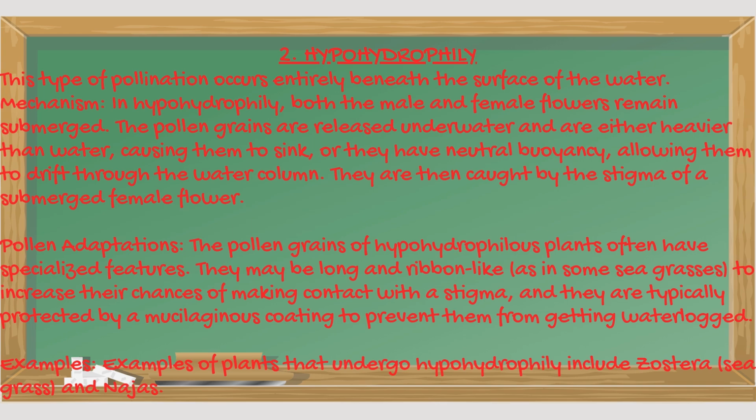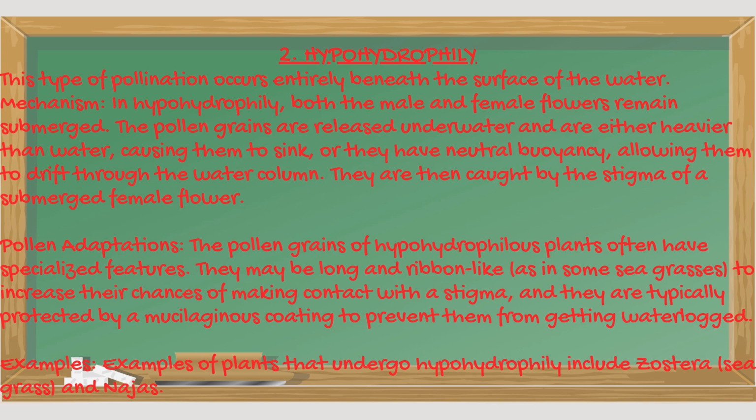The pollen grains are released underwater and are either heavier than water, causing them to sink, or they are neutral in nature, allowing them to drift through the water column. They are then caught by the stigma of a submerged female flower.